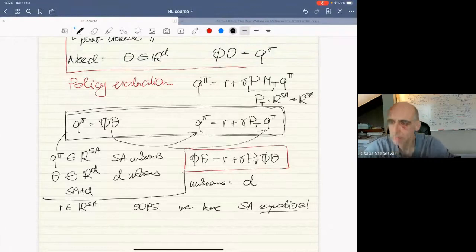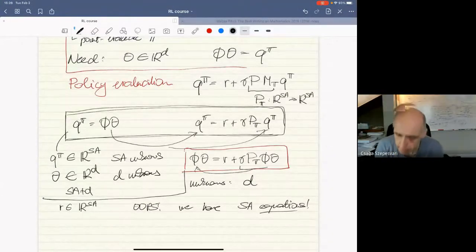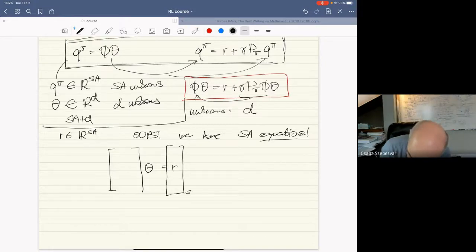If you order it such that it takes the normal form, you would have this very long matrix with very few columns, right? And then you would have theta, and that equals R, which is this very long vector. So this is SA, this is D, this is just one, and this has D values in it.